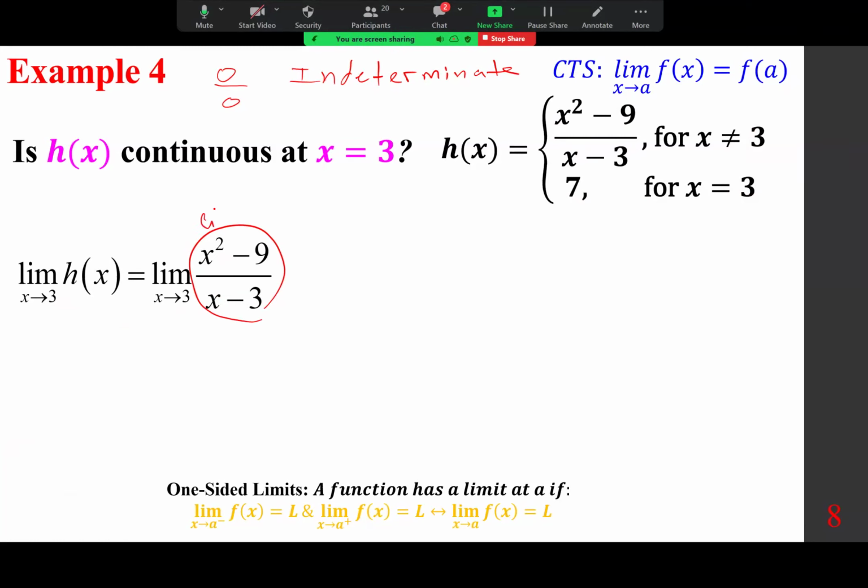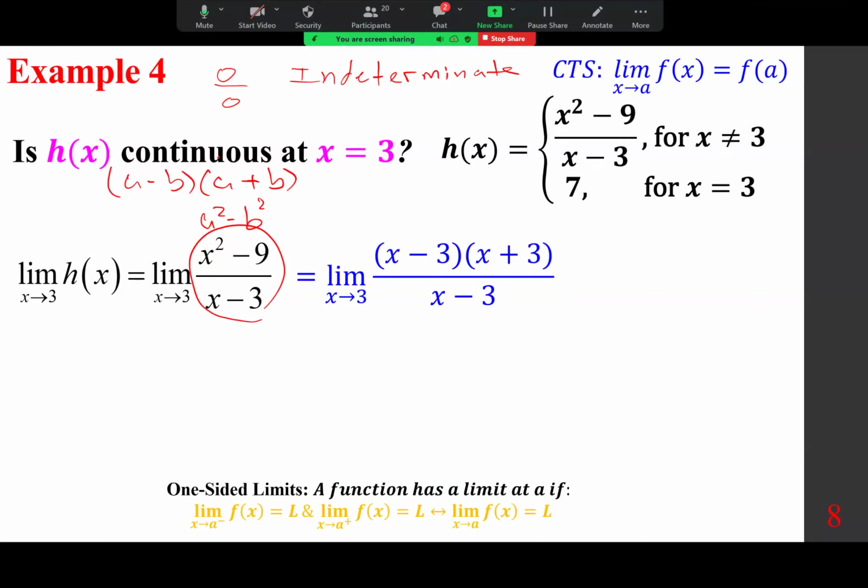This is in the form of a squared minus b squared, and it can be factored into a minus b times a plus b. So your technique is factoring: x minus 3 and x plus 3. And therefore, we can cancel out the x minus 3. And now if you take the limit of x plus 3 as x approaches 3, simply put, you get the number 6.